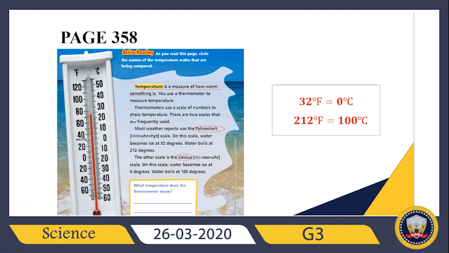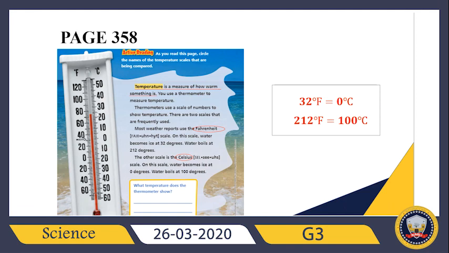Okay? Right now let's check my thermometer. What temperature does the thermometer show? We will write it by using Celsius and Fahrenheit. Which temperature in Celsius? I know it's higher than 20 and it's less than 30, right? And there is a line here. This line is kinda longer than the other lines.